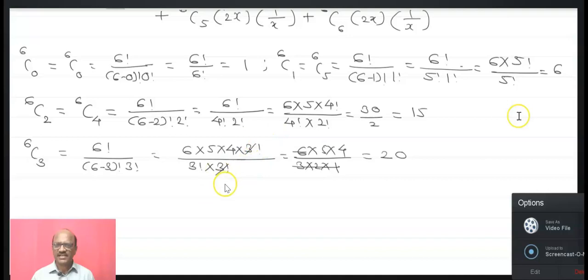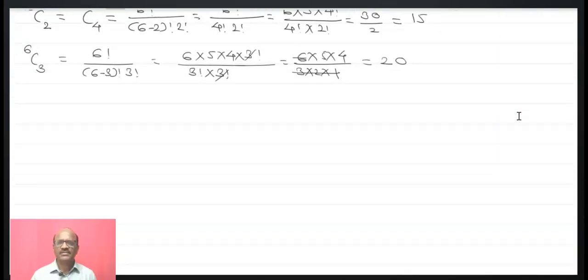These 3 factorials get cancelled. And you are getting that is again 3 factorial. 3 factorial means 3 into 2 into 1. It becomes 6 and this 6 that get cancelled. And therefore, this is the simplification. You will get 5 into 4 and that is equals to 20.